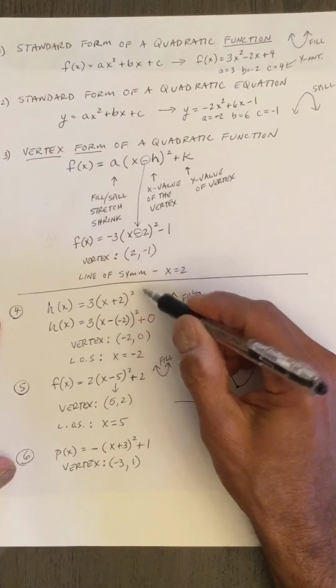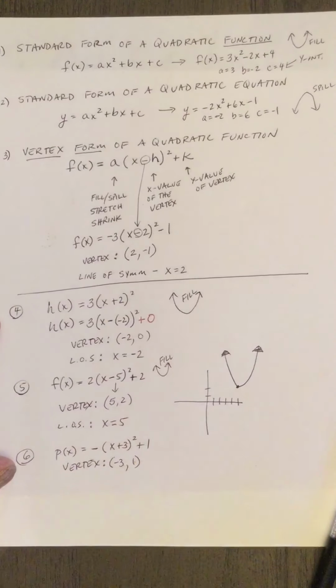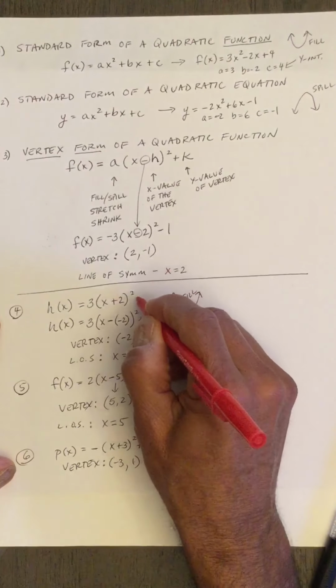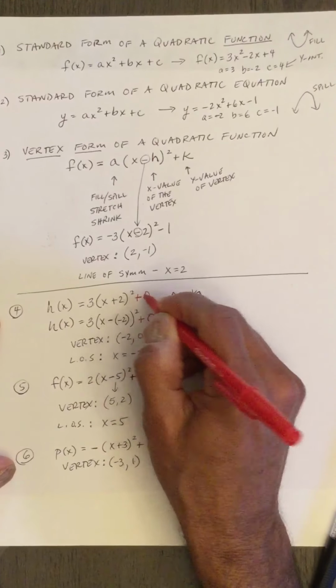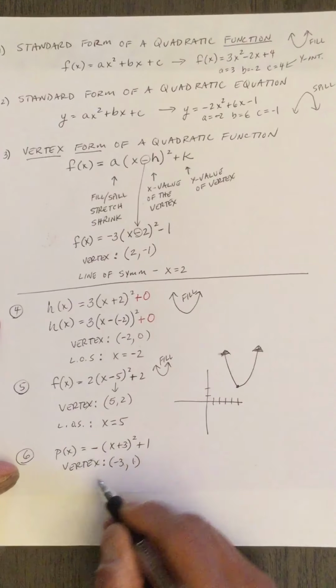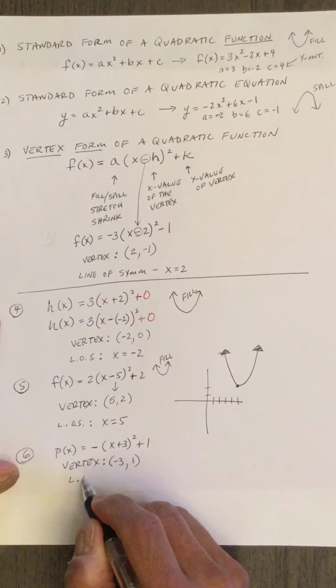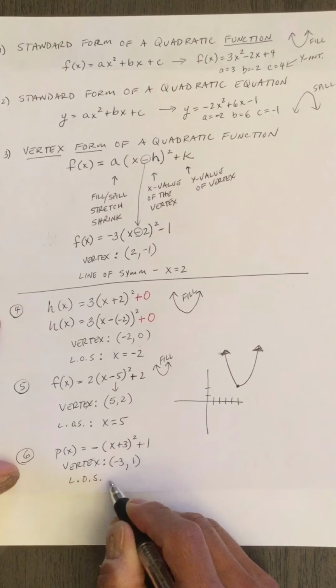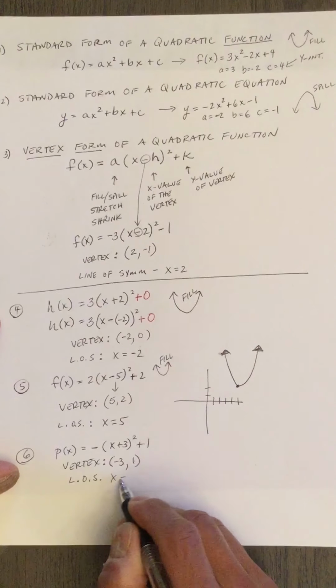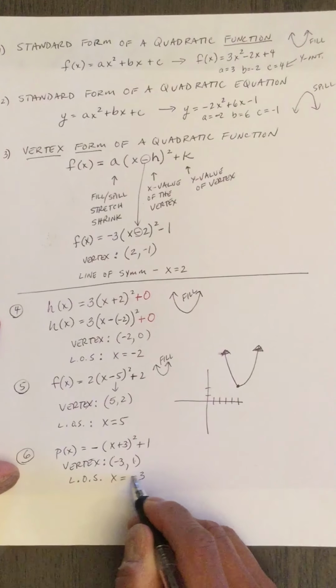Now remember, on this problem right here, there was nothing written, so I had to put a plus 0 there. That always gets people confused. And one last thing, my line of symmetry on this problem is x equals negative 3.